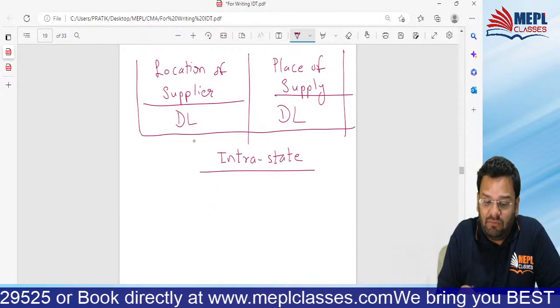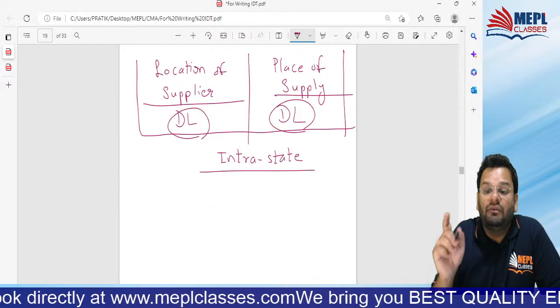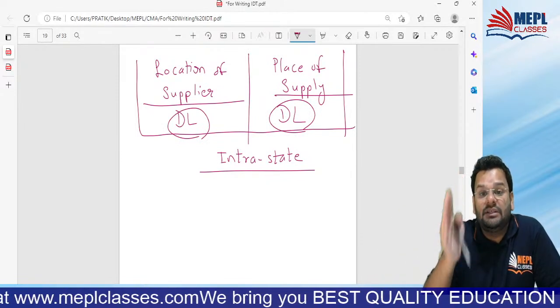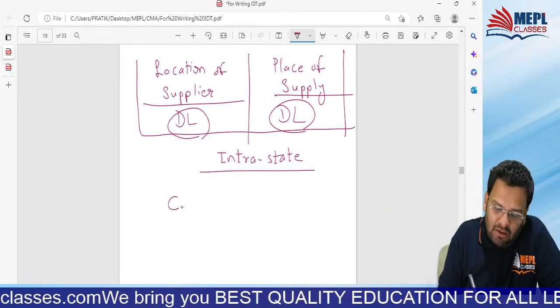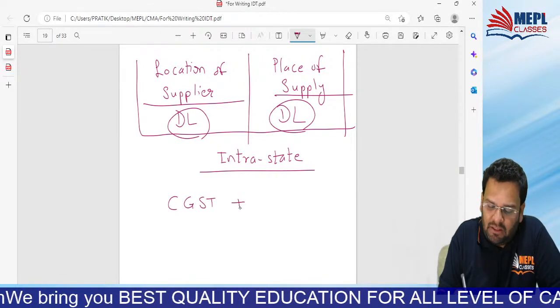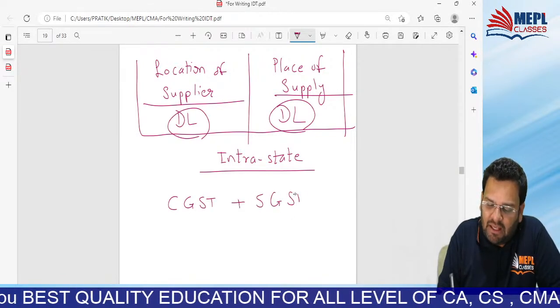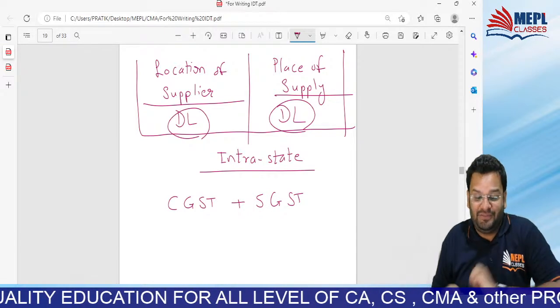Even if Delhi is a union territory, we will not charge CGST plus UTGST, but the chargeable tax in this case will be CGST plus SGST. Agreed?